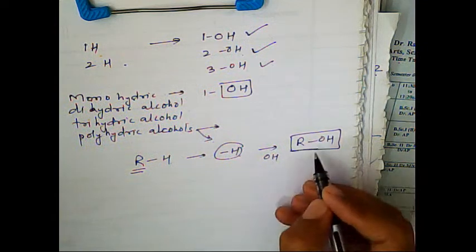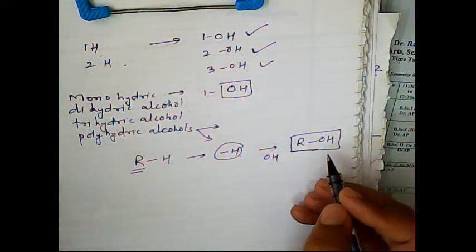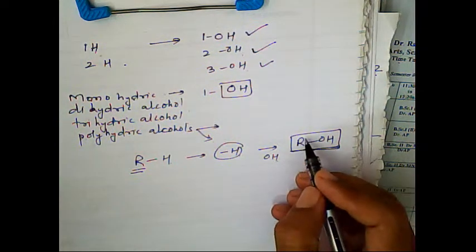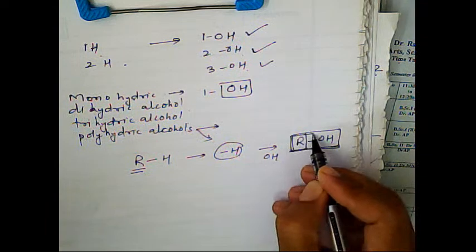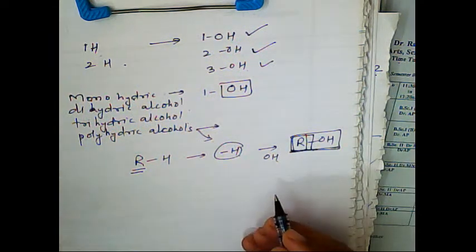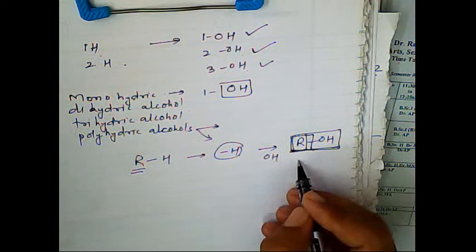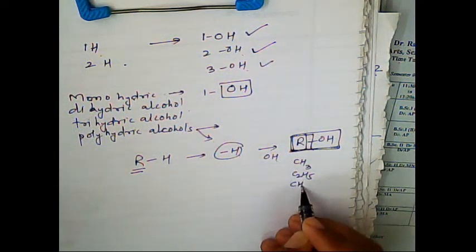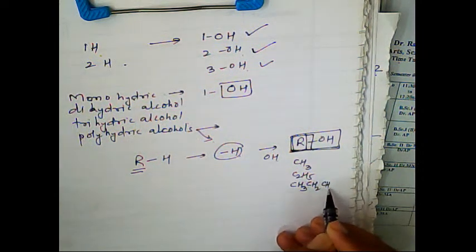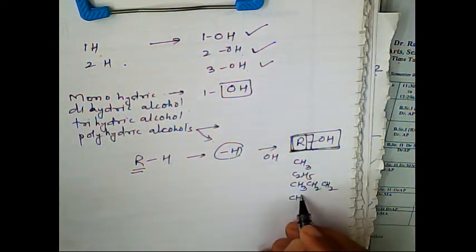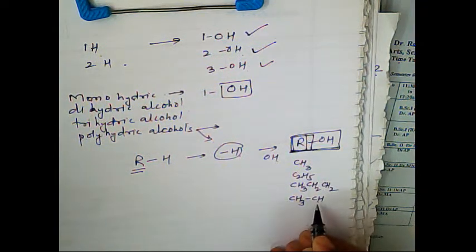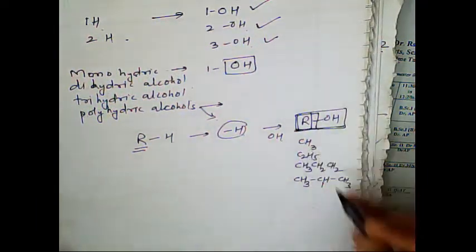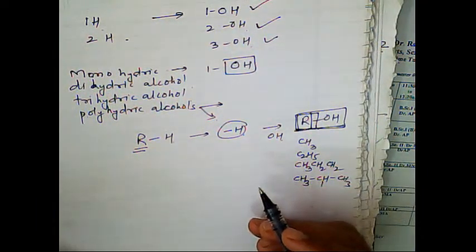What is the molecular formula? It is ROH, monohydric alcohol. Here R stands for alkyl group. It may be CH3, C2H5, n-propyl group, or isopropyl group, and so on: butyl, pentyl, hexyl.